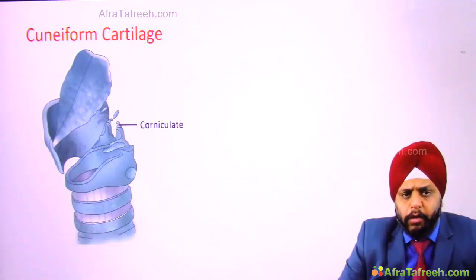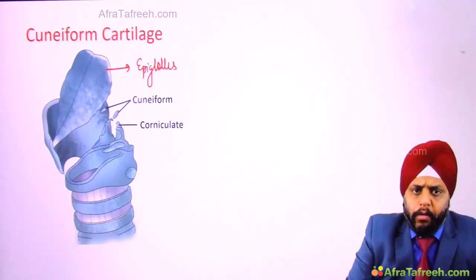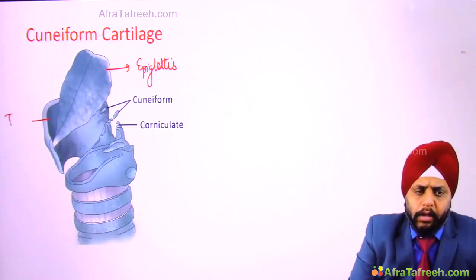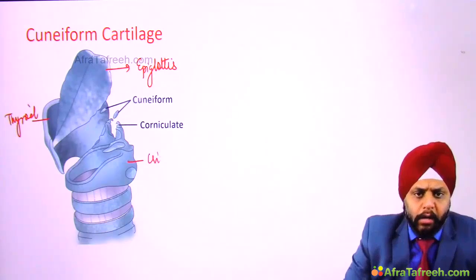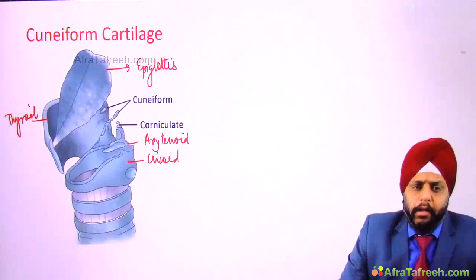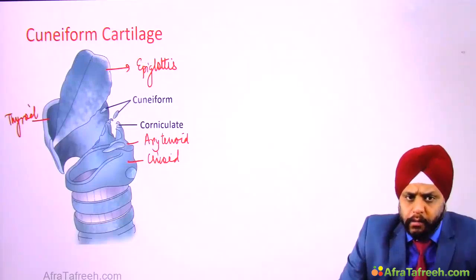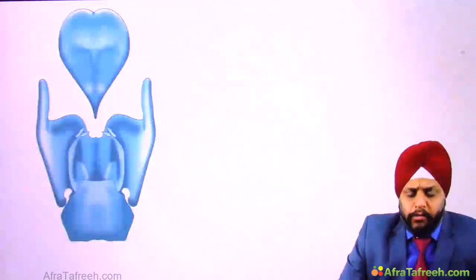We can see the corniculate cartilage, the cuneiform cartilage, the epiglottis, the thyroid cartilage, the cricoid cartilage, and the arytenoid cartilages. So all the 9 cartilages, 3 unpaired and 6 paired, we can see in this diagram.